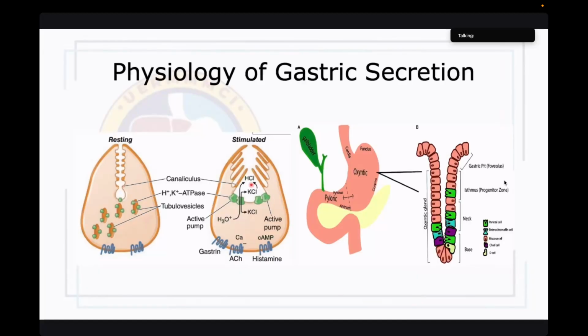This is important because this is what proton pump inhibitors like omeprazole or esomeprazole block in order to inhibit acid secretion, and these PPIs are now considered to be the most potent medications for lowering gastric acid.